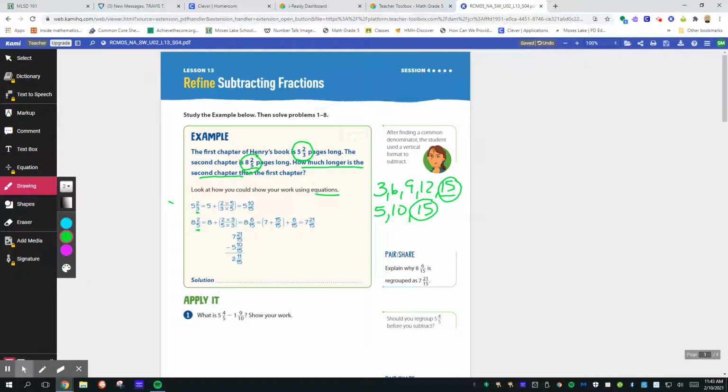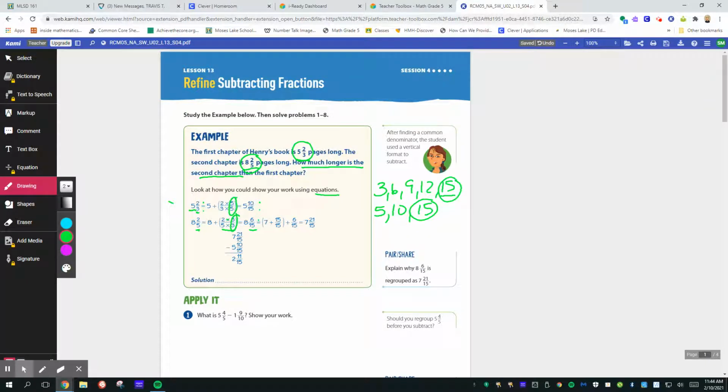So you can see that they took 2/3 and multiplied it by the 1, 5 over 5, to show that we have 5 and 10/15, because that's what we get when we multiply 2/3 times 5 over 5. And here we have 2/5 times 3 over 3, which is another 1, to get us to 15, and 2 times 3 is 6. Okay?